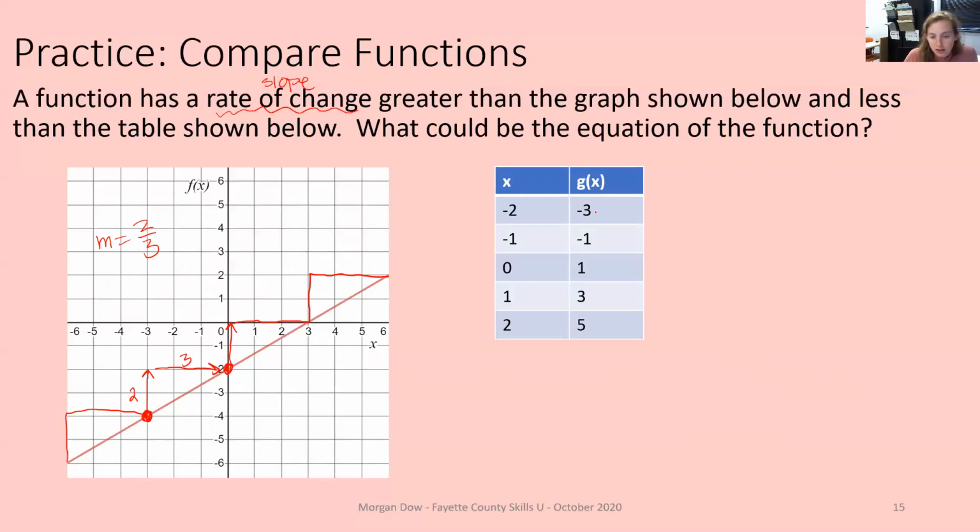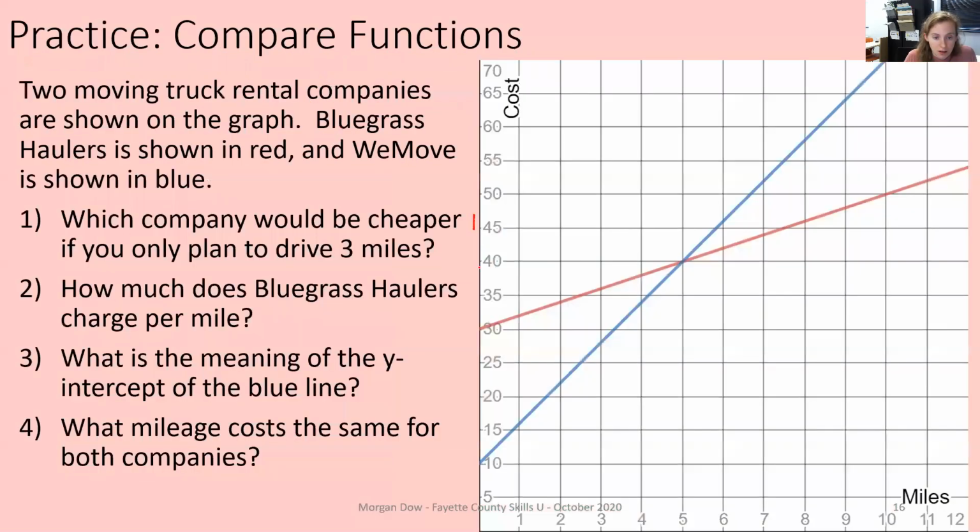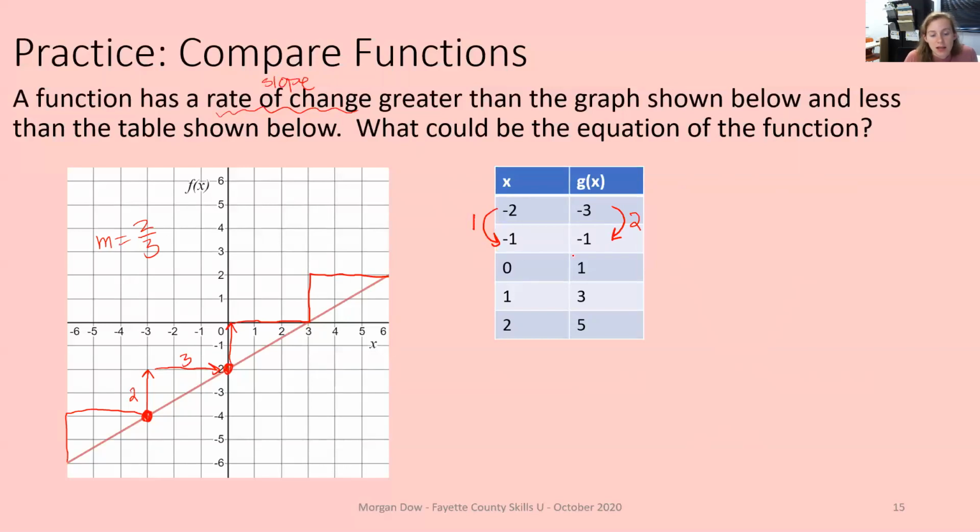All right, and then what about the table? So we're going to look at the change in outputs. -3 to -1 is an increase of 2, versus our change in inputs. -2 to -1 is an increase of 1. And we can see that that is true all throughout this table.